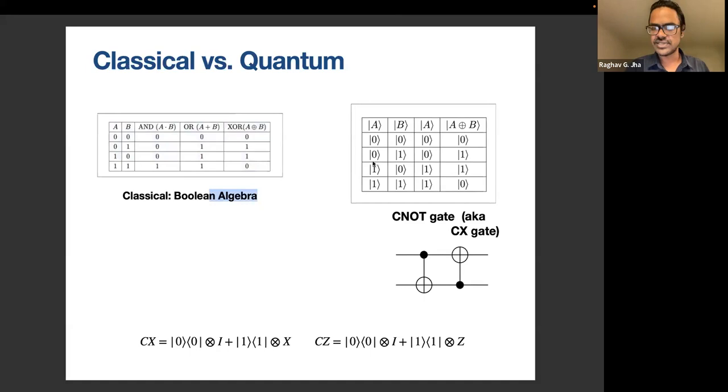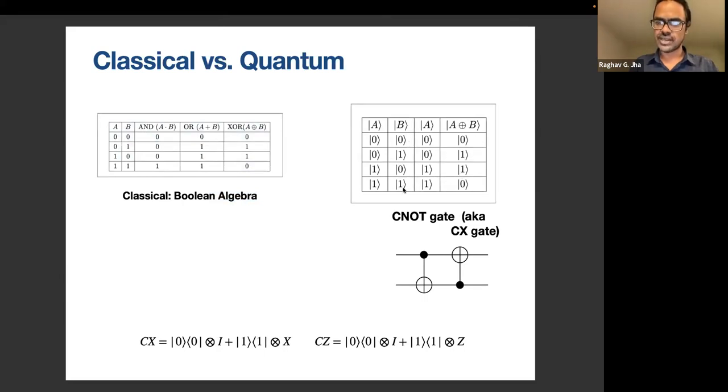For quantum mechanics, it's obviously different, because not all of these gates are reversible, in the sense that if I tell you that I passed something through an AND gate and I got a 0, you can never construct the input, because 0,0, 0,1, and 1,0 all give you a 0. So there's a loss of information. That never happens for a quantum gate. Quantum gates always have the same number of inputs and outputs, as is seen here. So if I have an equivalent version of this in the quantum sense, 0,0 will give me 0,0, 0,1, 1,0, 1.